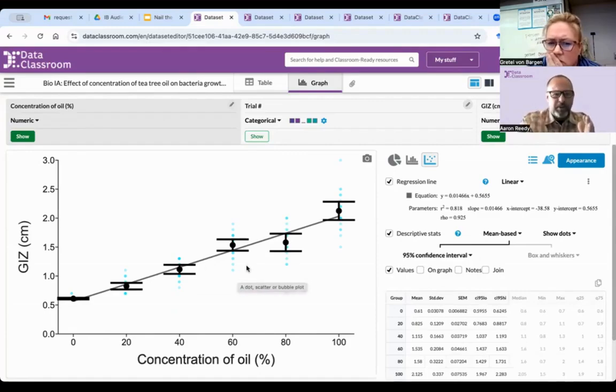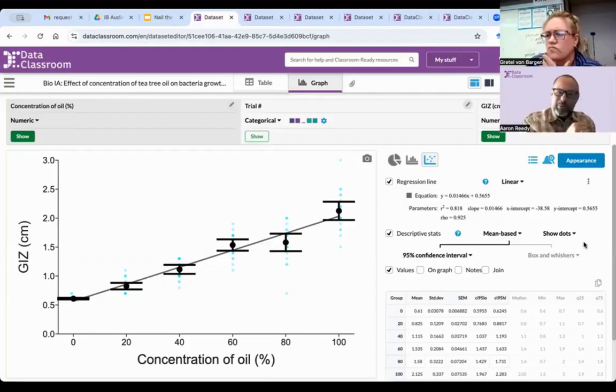And again, the computer is recognizing that we had groups, and it's giving us the mean of the 60% oil concentration as one, the mean of the 80% as a second. And then that line of best fit, we've added a linear regression line. And this is a different hypothesis to test.